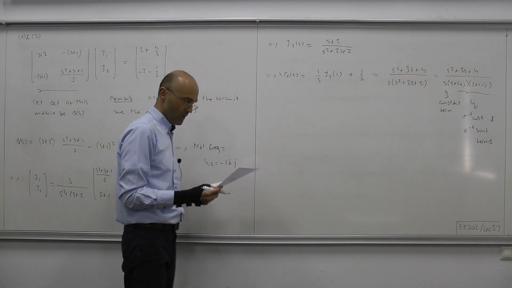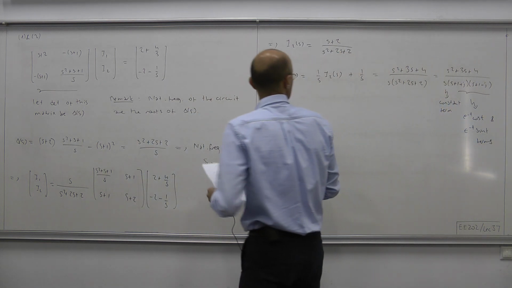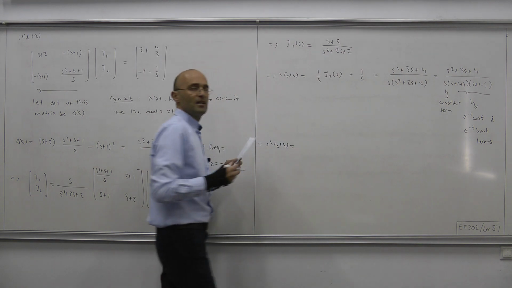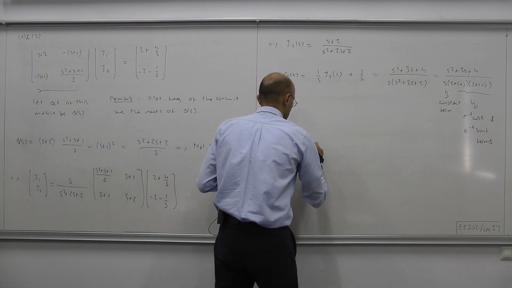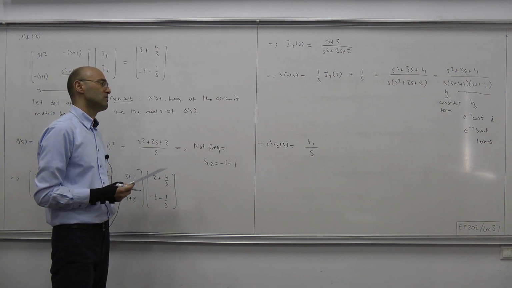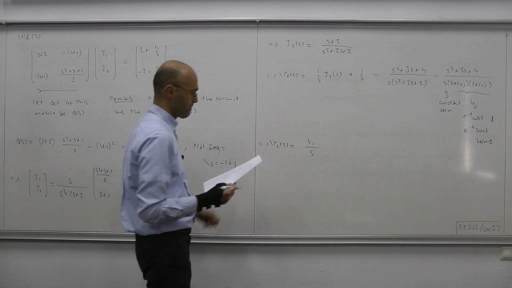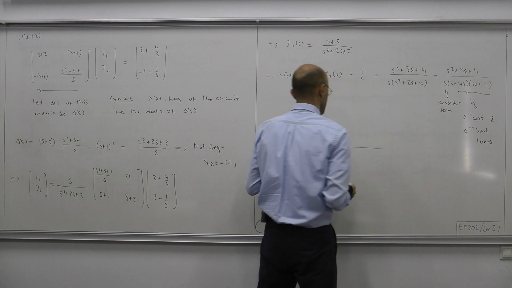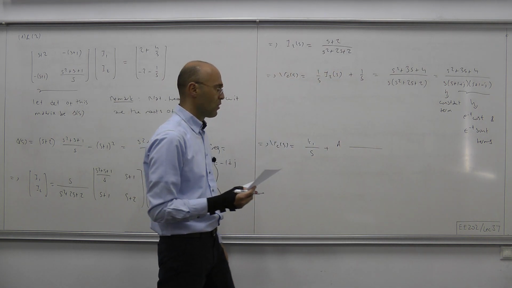Now, that means Vc of S can be written as K1 divided by S, so that's the residue corresponding to the term at S equals 0, plus something times the sine term plus something times the cosine term.